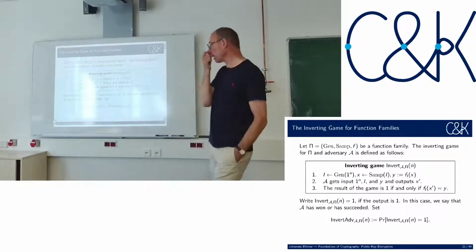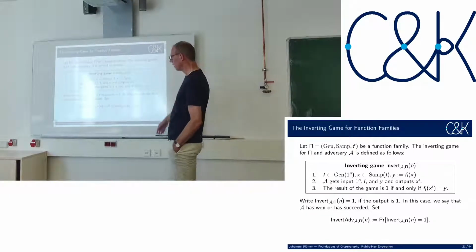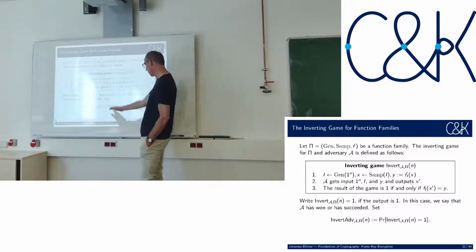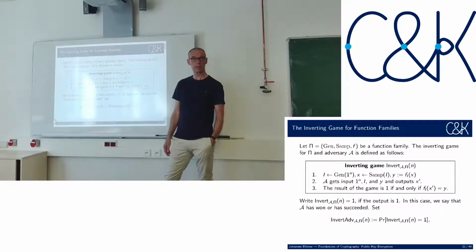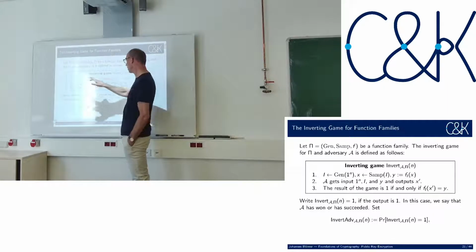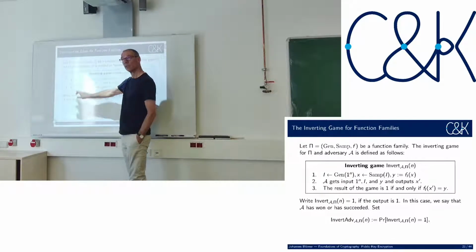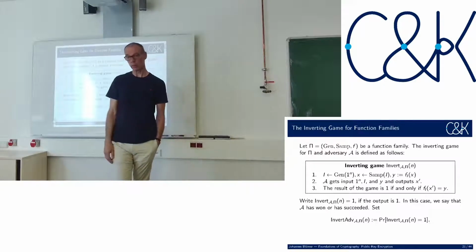We write Invert_{A,Pi}(n) = 1 if the output is 1, and then we say that A has won or succeeded. The inverting advantage is simply the probability that it outputs 1, the probability being over the random choices here, here, and here, also the ones used by A.